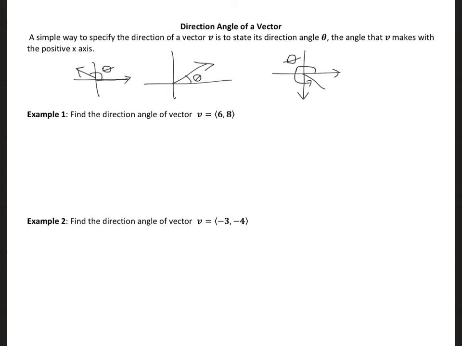So here, find the direction angle of a vector v given in component form. We are told the vector is (6, 8). That means this direction here is 6, and here it's going to be 8, because that point here is (6, 8).